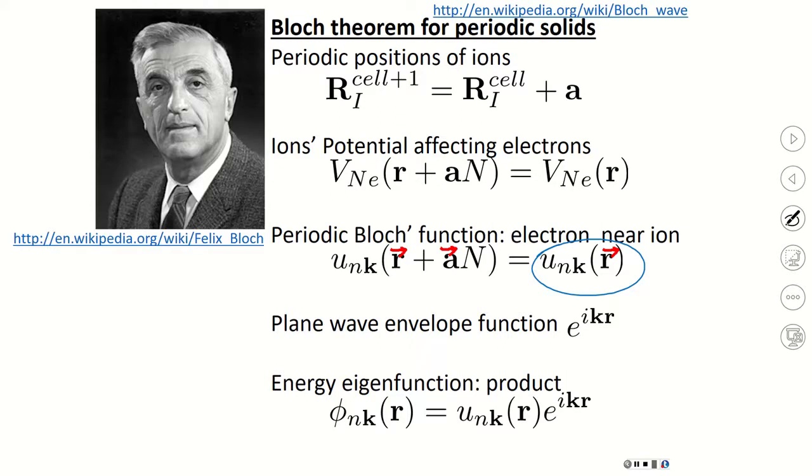And this plane wave is critically important if you have periodic solids, because as we will see later, there are eigenstates, even for the ground state of matter, that will correspond to an overall orbital or wave function moving with constant velocity or constant momentum. And in order to describe it, we need this plane wave factor for all wave functions in periodic space.